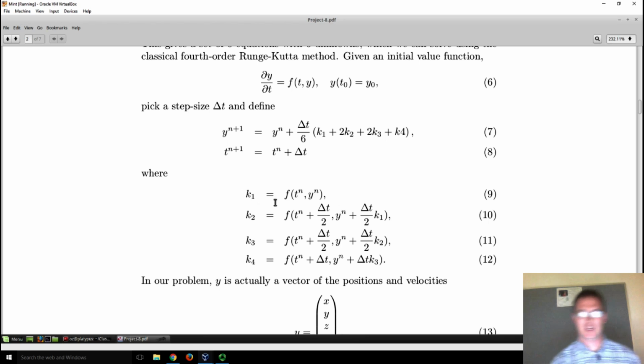Anyway, so the next step or location is given by this function, okay, where all the k's are defined down here. So the first k is we evaluate the function at time n and our current location, okay, and that gives us k1. And if you think about this, k1 is actually an estimate of the derivative of delta y delta t.